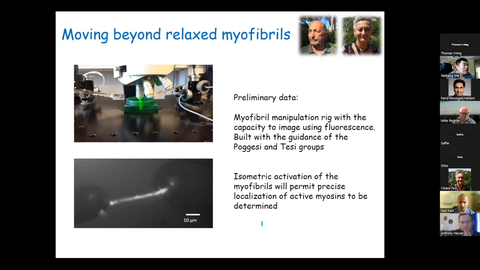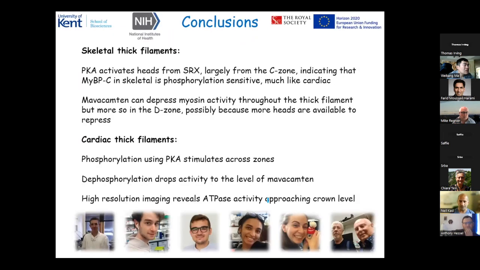This is a low resolution image. We're moving this up to high resolution soon. And hopefully what we'll be able to do is work in active conditions where we've fixed the ends and are looking at the activity of the myosins. And this would really complement some of the work that we heard from Elisabetta's group earlier. I think this would be a really exciting next step for what we're looking at.